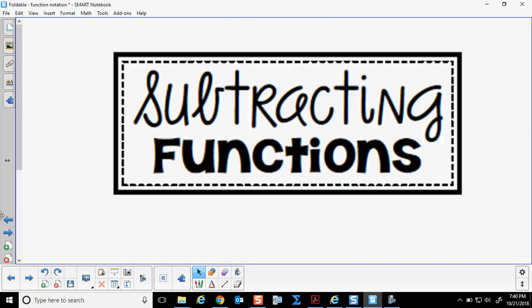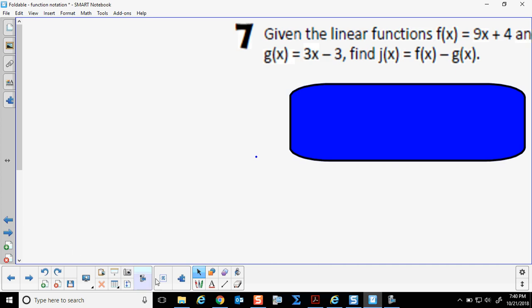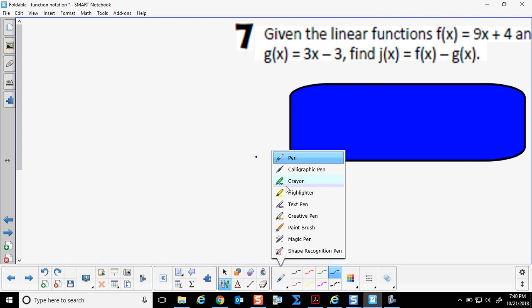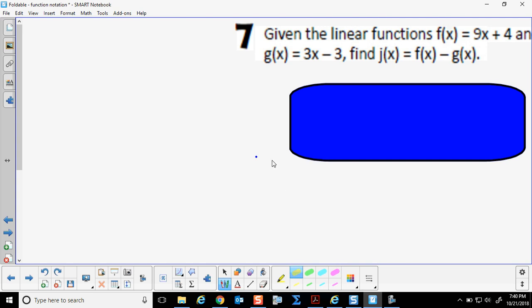All right, let's subtract functions. Given the linear functions, f of x equals 9x plus 4 and g of x equals 3x minus 3, find j of x, which is f of x minus g of x. So j of x equals f of x, which is 9x plus 4.